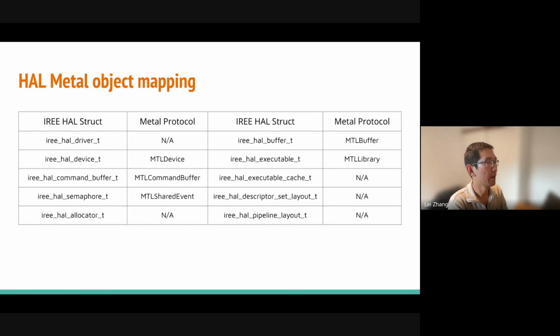Buffer and executable have mappings, because the IREE HAL is kind of like a modern GPU API abstraction. So in a sense, it maps nicely to modern GPU APIs. You can see that lots of the core pieces have direct mappings on the Metal side, which makes the implementation kind of straightforward.